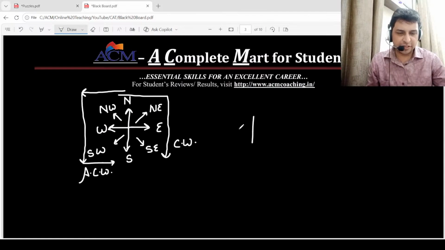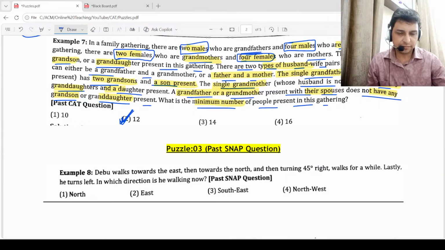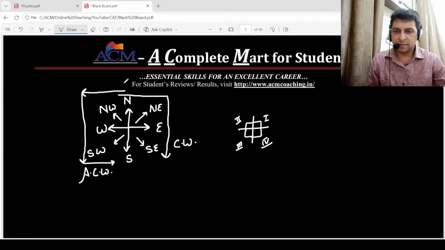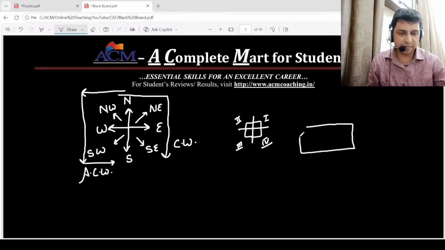The angles, we know there's quadrant 1, which is 0 to 90 degrees. Then quadrant 2 from 90 to 180. Quadrant 3, 180 to 270. And quadrant 4, 270 to 360. There are other things also, like for example, a rectangle where length is equal to length and breadth is equal to breadth.